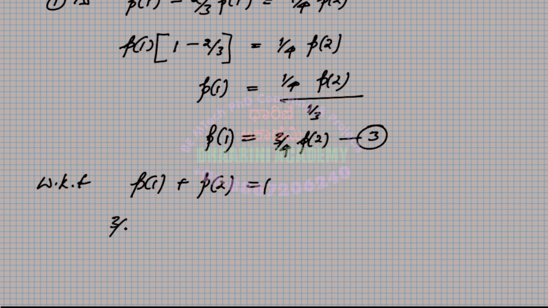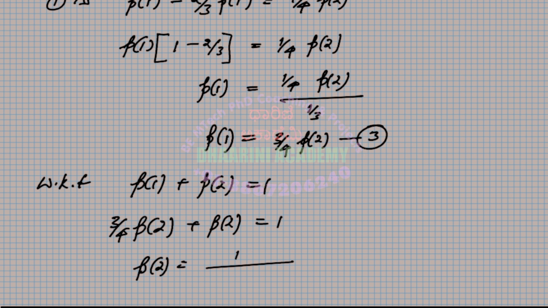So that is 3 by 4 times P of 2 plus P of 2 equal to 1. I'll take P of 2 outside. P of 2 is equal to 1 divided by 1 plus 3 by 4. So this is 4 plus 3, so 7 by 4, and the 4 goes to the numerator.